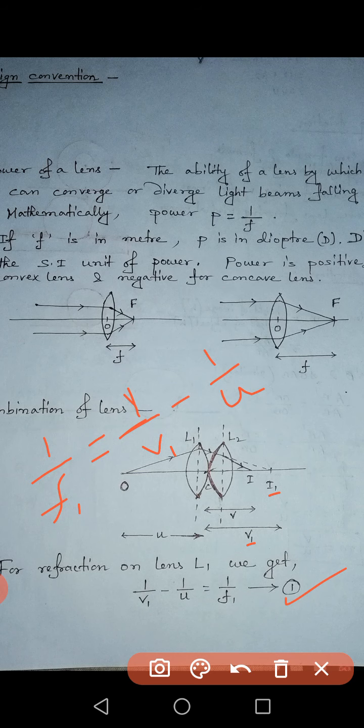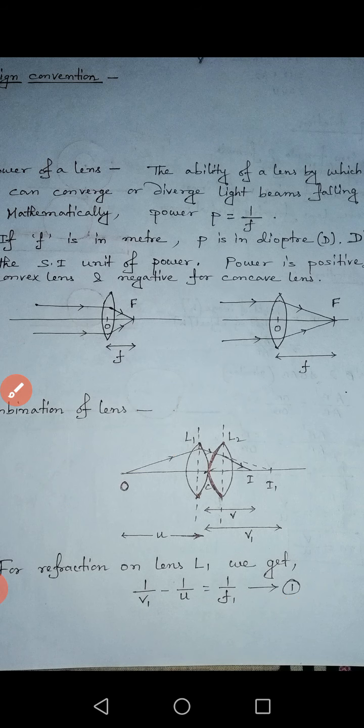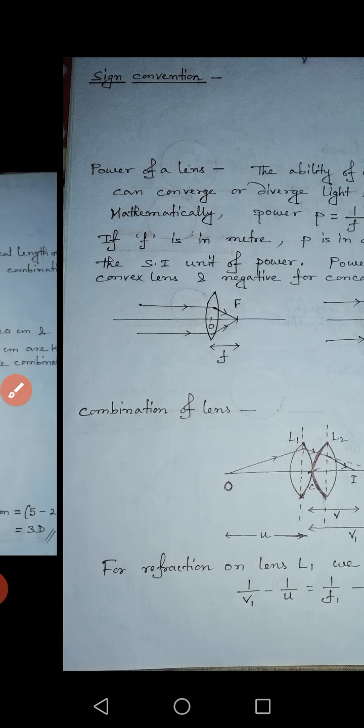Then equation 1 we got. Next we will form equation number 2, that is for lens L2. It will be 1 by F is equal to, same formula again, 1 by V minus 1 by U. Now you see here, for the second lens, where is the object? The object is I1.